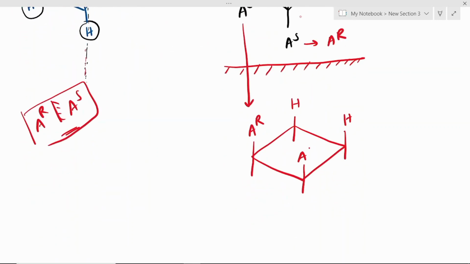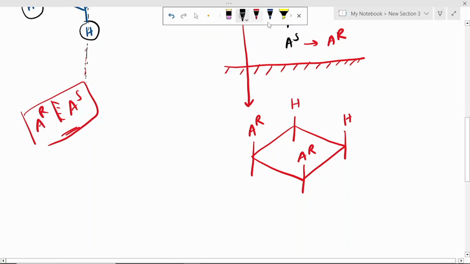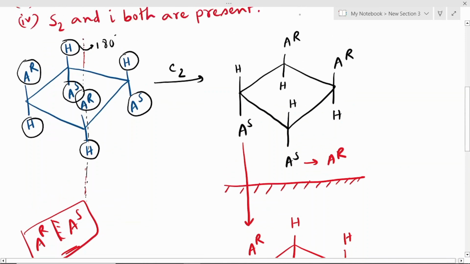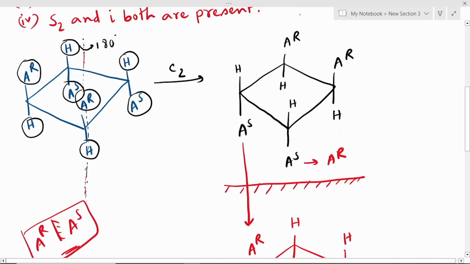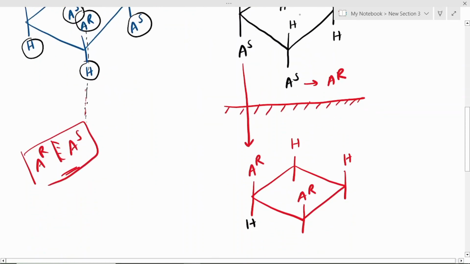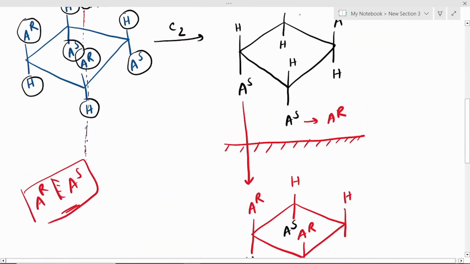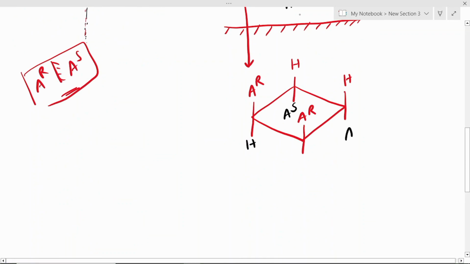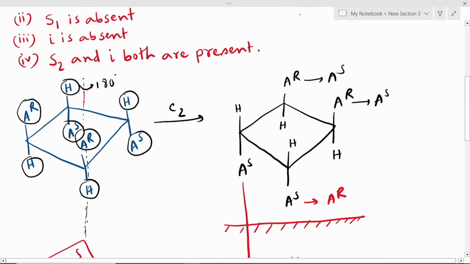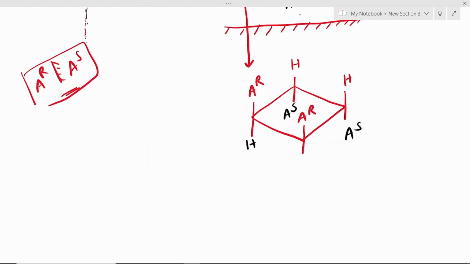So here also it is AR, and it is H, and it is AR, so it will be AS, then it will be turned to AS, it will also be AS. So here it is AS, and here it is H.